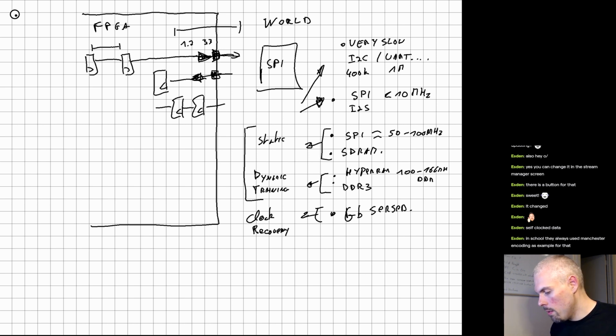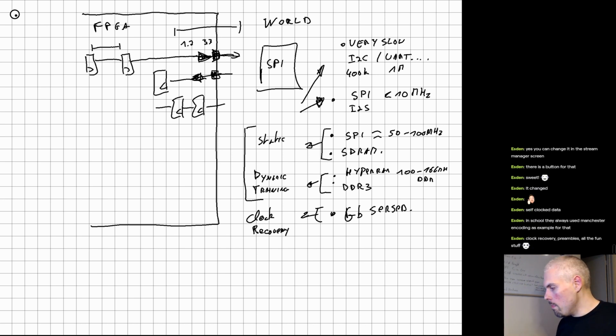I'm just going to start with the static one, talking about the OSPI chip. Now, something else to know is that the delays between a flip-flop inside the FPGA and the outside are going to be a factor of the I/O buffer, but they could also vary depending on where your signal comes from.